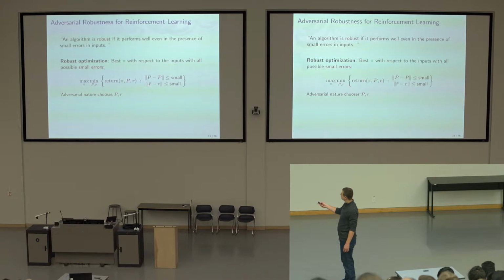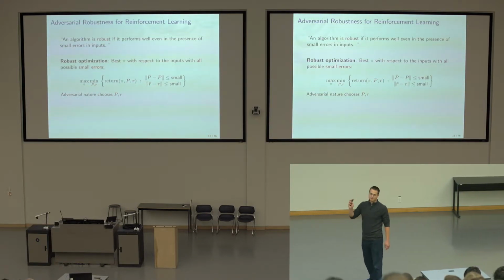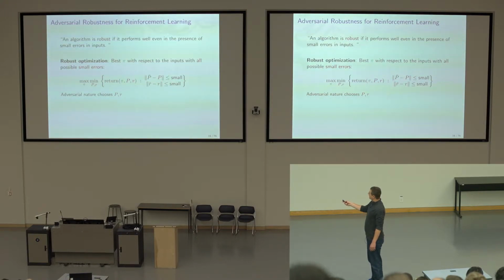And so what we're going to do is assume that there is some nominal model, some P that we expect to see. And the difference, I'm using the norm in an abstract sense right now, but I will make it much more concrete in a couple of minutes. We're saying that the difference between some nominal P and the P we're actually seeing is small.